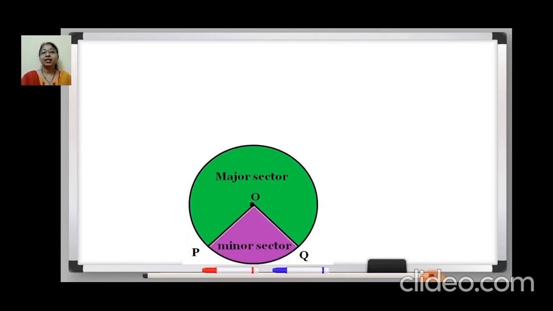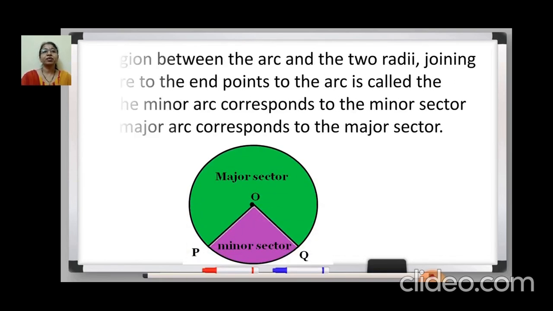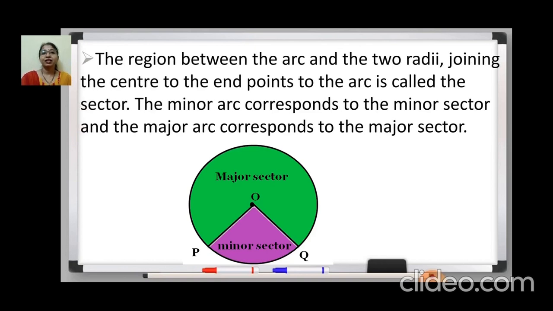Then comes sector of a circle. So what is sector? It is area bounded by 2 radii and corresponding intercepted arc. Right? The region shown by purple color is sector of the circle. So when the arc is minor arc, so corresponding sector is minor sector, and if the corresponding intercepted arc is major arc, then the sector is major sector.